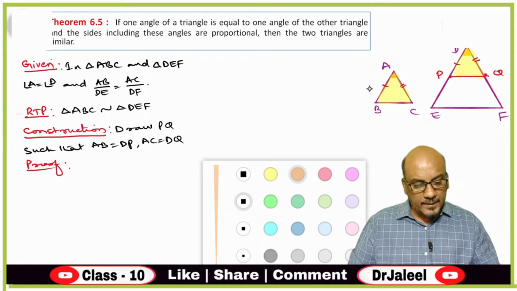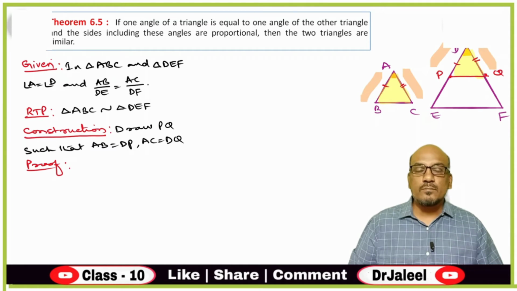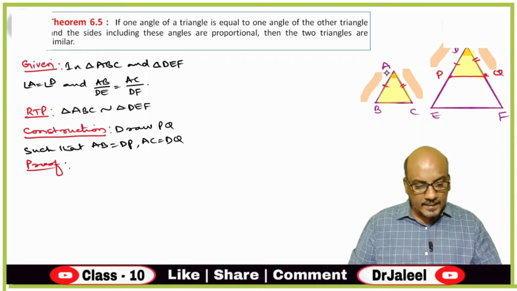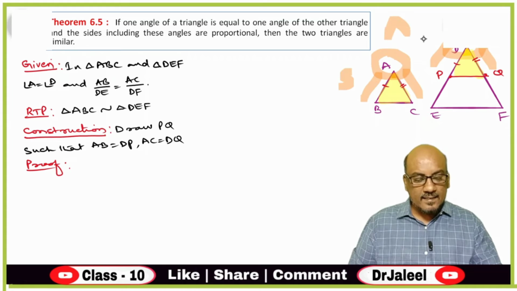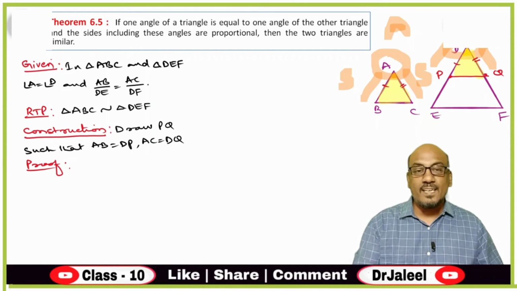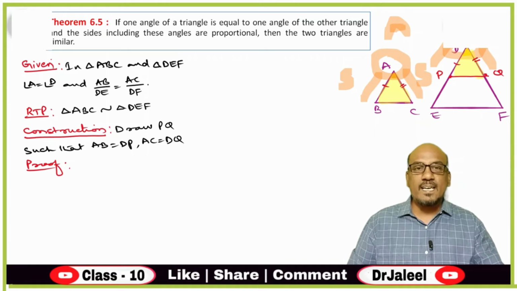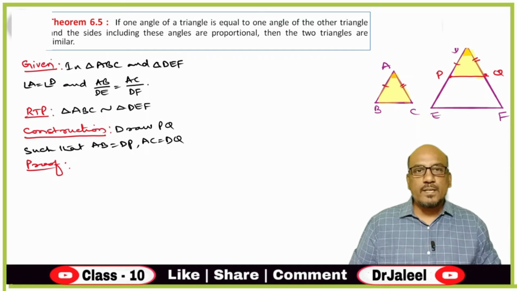Here AB is equal to DP and AC is equal to DQ, because we have constructed in that way, and their included angles, this angle and this angle, both are equal because he gave. So by using side angle side congruency, children, don't be confused, we are proving SAS similarity using SAS congruency. So by using SAS congruency, you can say that both the triangles are congruent.